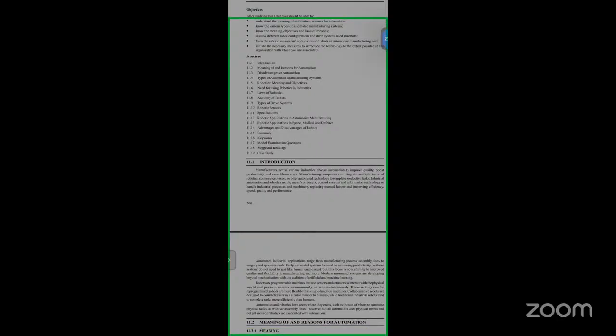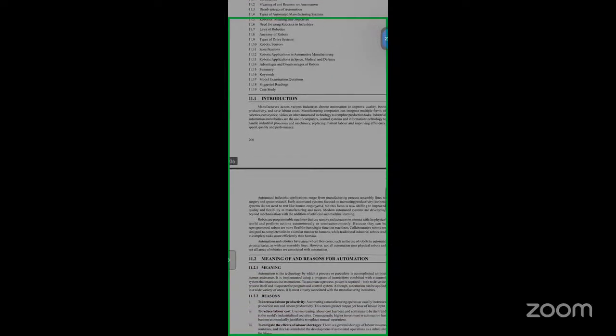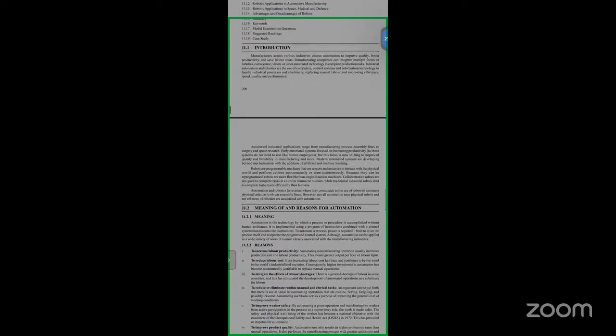Industrial automation and robotics are the use of computers, control systems, and information technology to handle industrial processes and machinery, replacing manual labor and improving efficiency, speed, quality, and performance. Automated industrial applications range from manufacturing process assembly lines to surgery and space research.